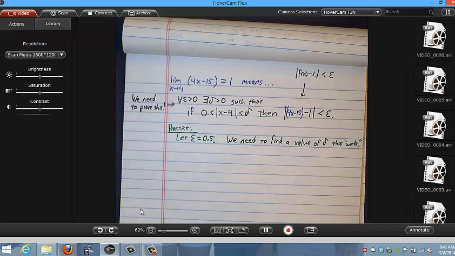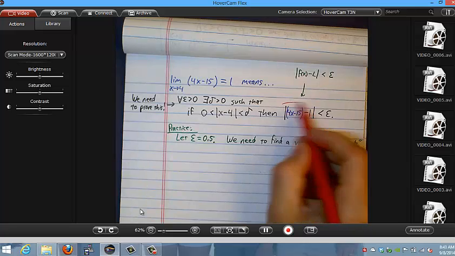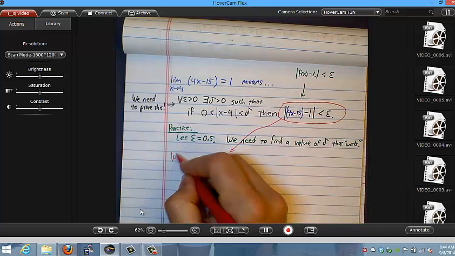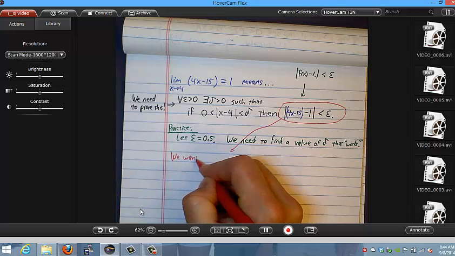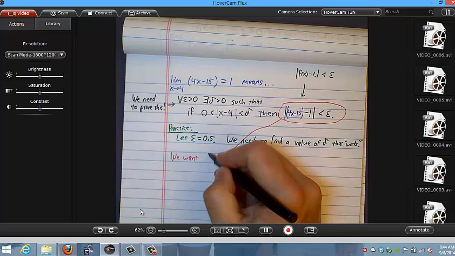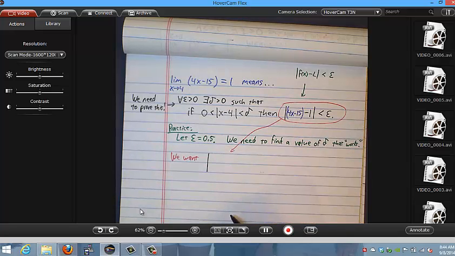So what I'm going to do is I'm going to analyze this. And I'm going to say, we want, what? Well, if I simplify that, what does that say inside those absolute value bars?